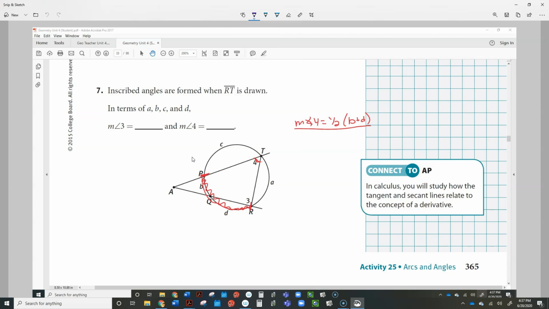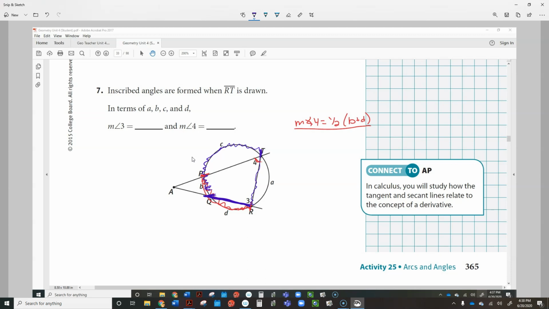Okay, so now the measure of angle 3, here's the leg, angle 3 right here. It intercepts the circle right there. Here's the other leg for angle 3. It intercepts the circle right there. So the intercepted arc for angle 3 is this piece. See, here's the other leg.